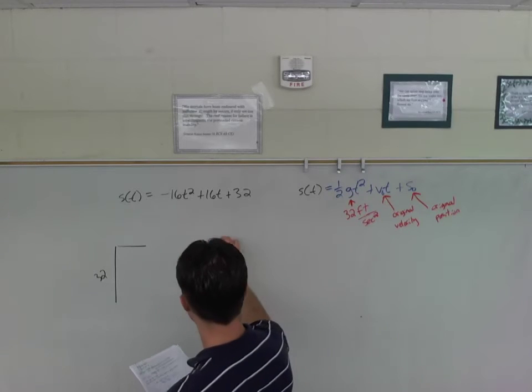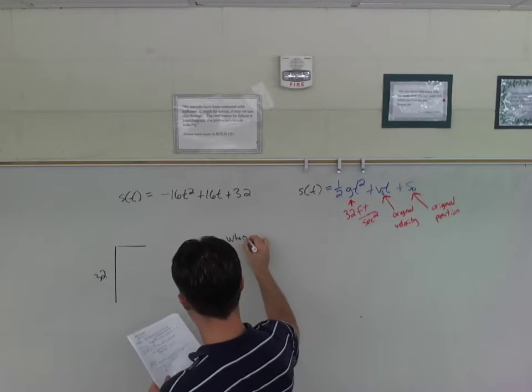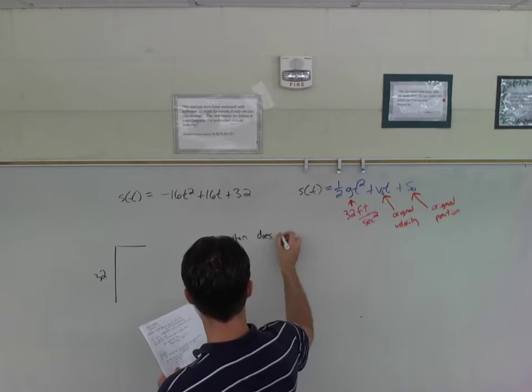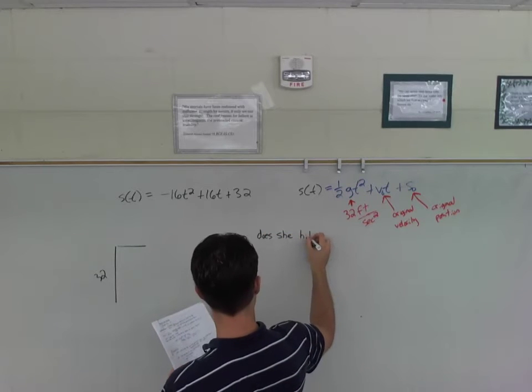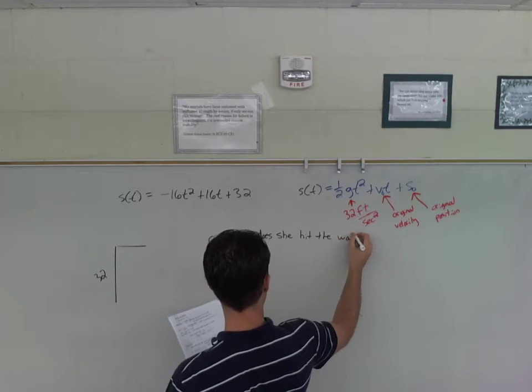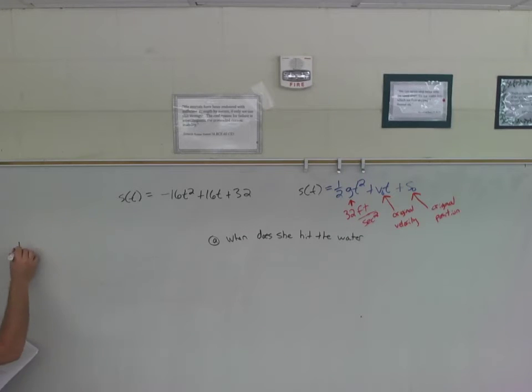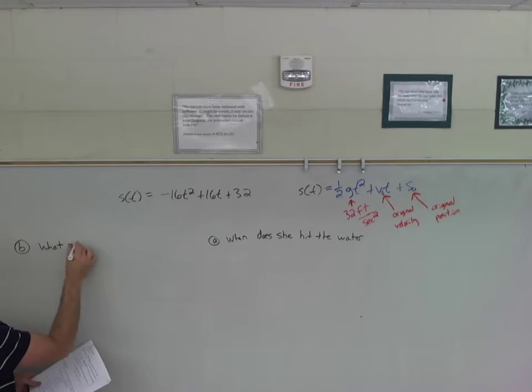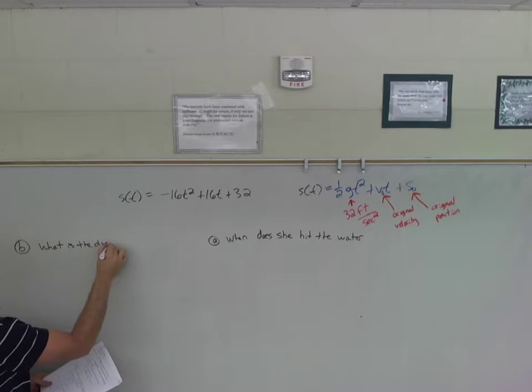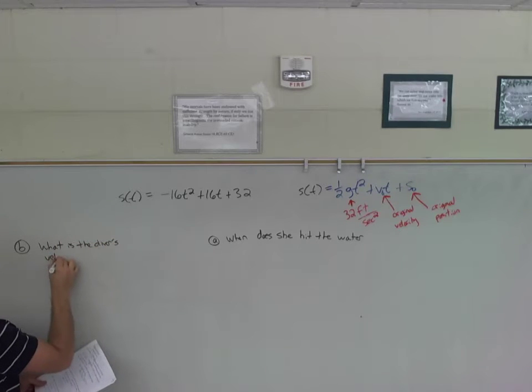So my question is A, when does this diver hit the water? So that's what I want to know first. The other thing is, what is the diver's velocity at a couple spots?